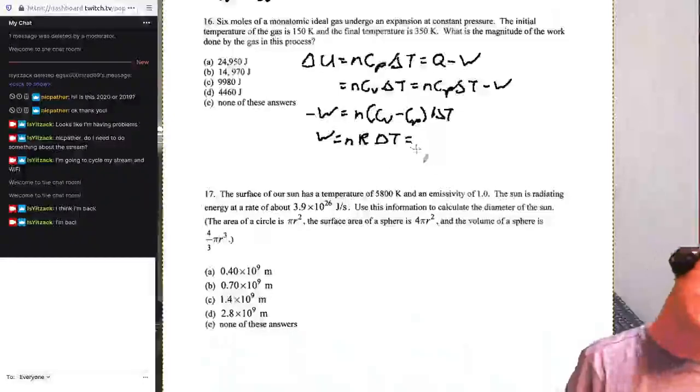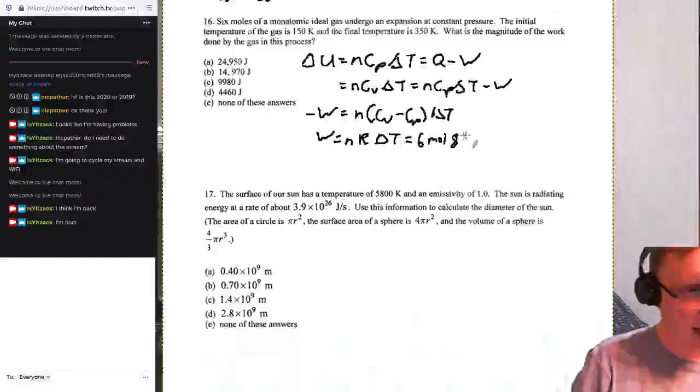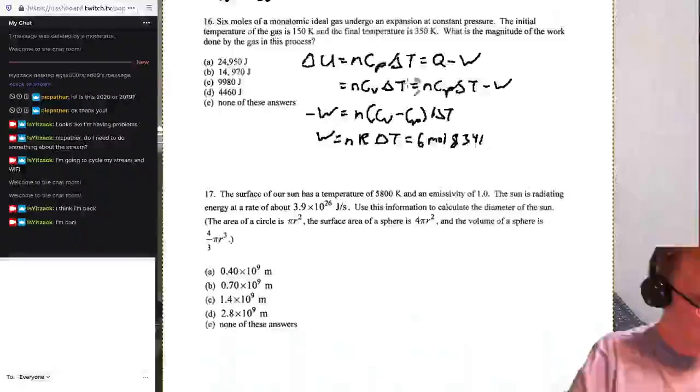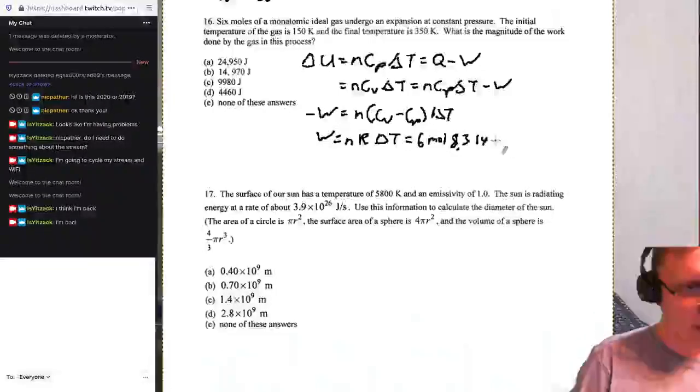So N is 6 moles. R is 8.314 joules per mole Kelvin. And we're told that it increases 200 Kelvin.